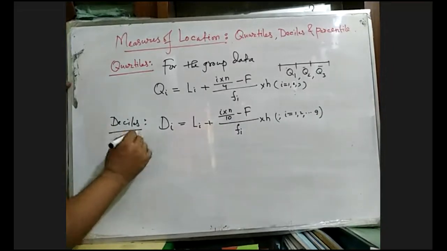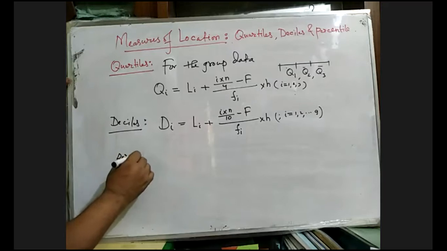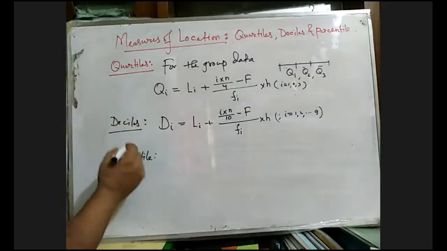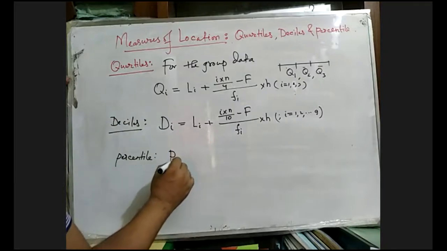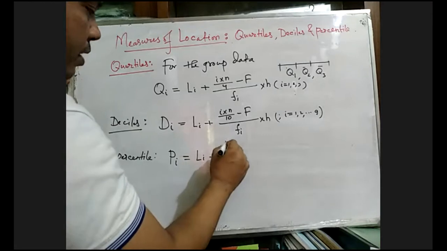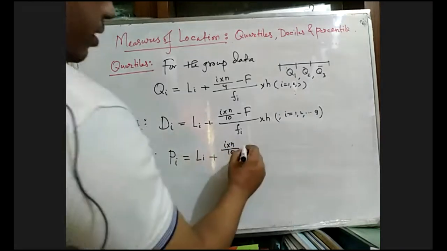So for 1, 2, 3 up to 9, we can use this formula for decile. Now for percentile, Pi equals Li plus i multiplied by n divided by 100. Remember it.